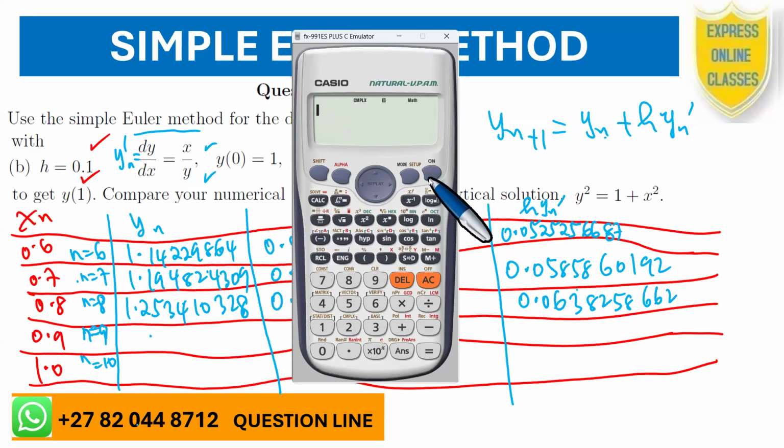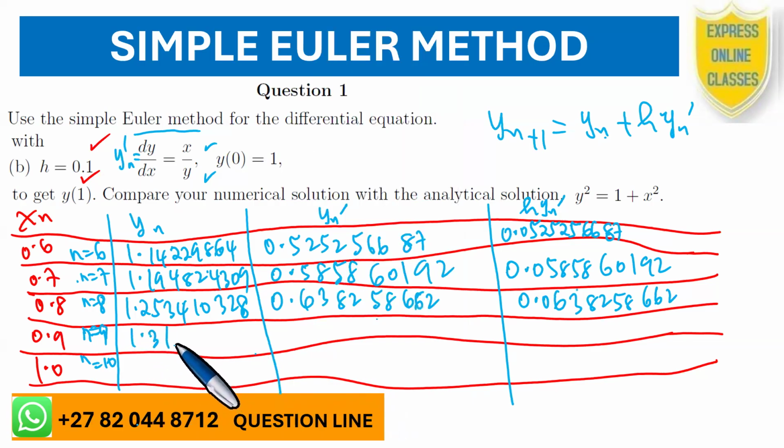We have the top, 1.253328, we add 0.0638258662, which gives 1.317236194.